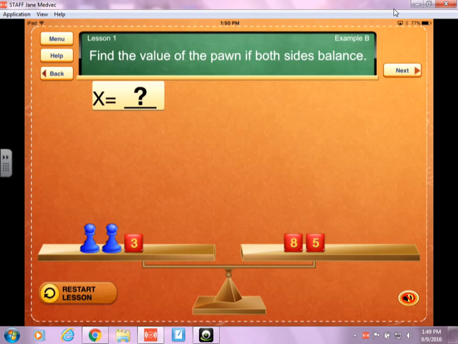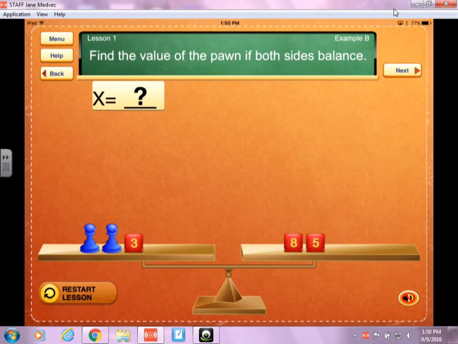Right now, just by looking at it, I don't, do I? I don't know how much they weigh, and I don't know their value. All I know is that I have a blue pawn there. In fact, I got 2 of them. Then I have a 3 cube. Do I know the value of that 3? Yeah, it's 3, right? So that's one side of the balance.